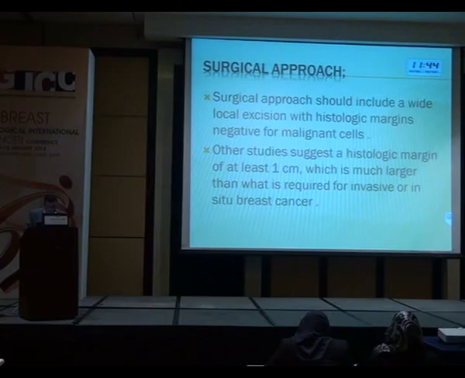Regarding the surgical approach, it includes a wide local excision with histologic margins negative for malignant cells. Other studies suggest a histologic margin of at least 1 centimeter, which is much larger than what's required for invasive or in situ breast cancer.